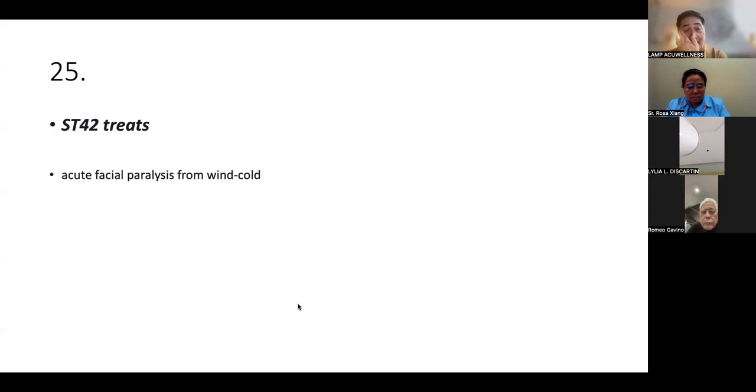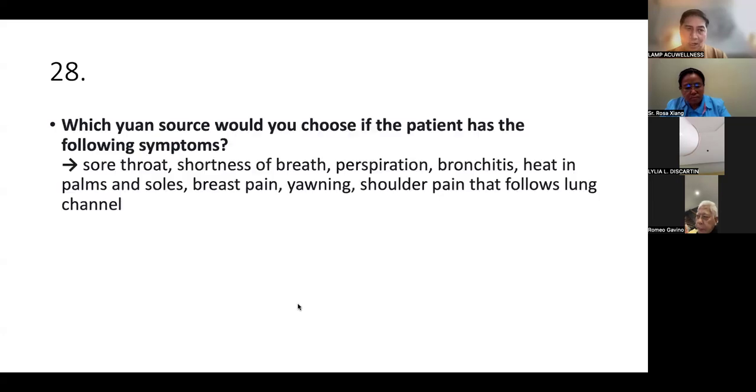This is very common, no? Although you can use other points, I want you to needle this first. Stomach 42. GB40 resolves liver chi stagnation. UB64 resolves damp cold in the lower warmer.